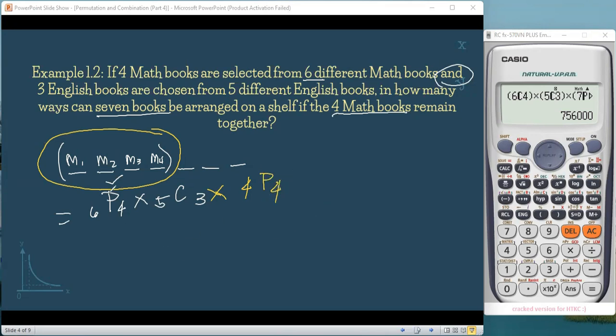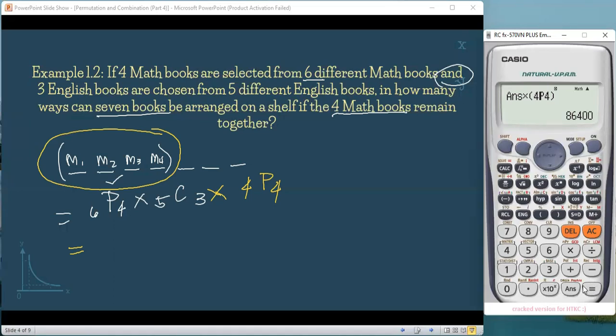So, ito na po yung whole nating solution. So, that will give us the permutation of 6 taken 4 at a time times the combination of 5 taken 3 at a time times the permutation of 4 taken 4 at a time.